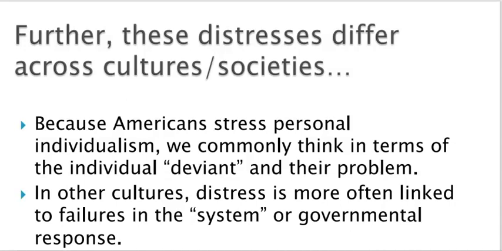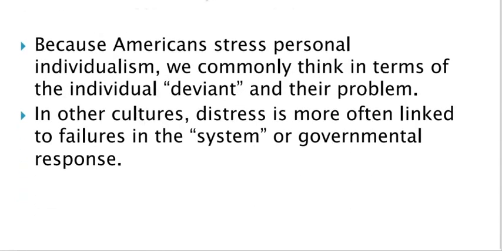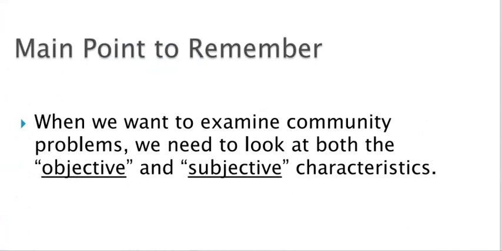Further, these distresses differ across cultures and societies. Because Americans stress personal individualism, we commonly think in terms of the individual, quote-unquote, deviant and their problem. In other cultures, distress is more often linked to failures in the system or governmental response.